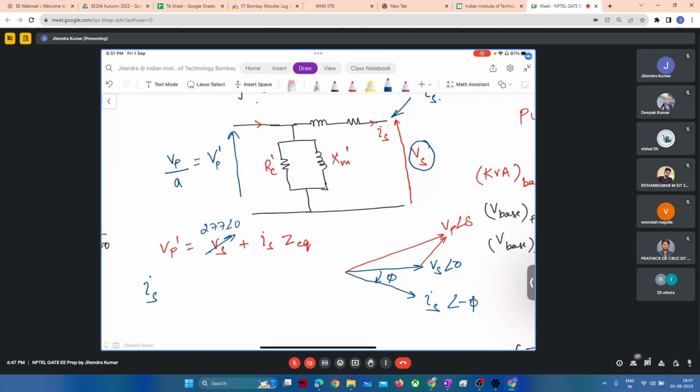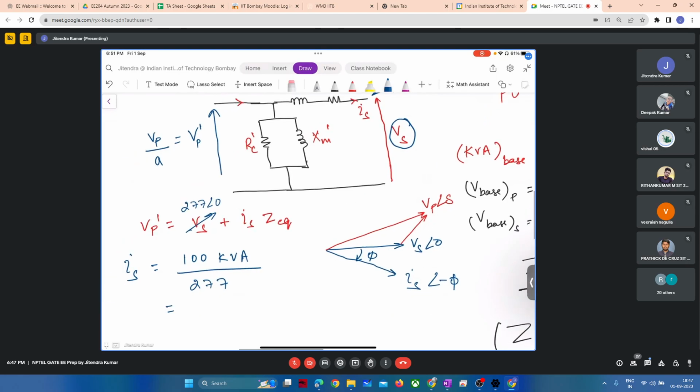So first, let us compute Is. Is will be 100 kVA divided by 277, so 100,000 divided by 277, which is nothing but 361.010 amps.